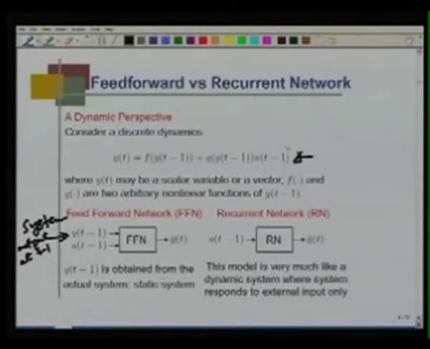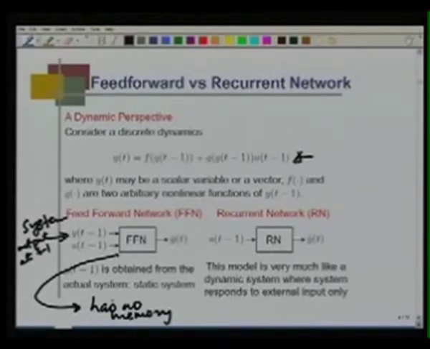But if I want to capture this dynamic using a recurrent network, the structure is that I only give input and I see what is y(t). So what you see is that this particular network has no memory, hence this is a static network, whereas this has internal memory.